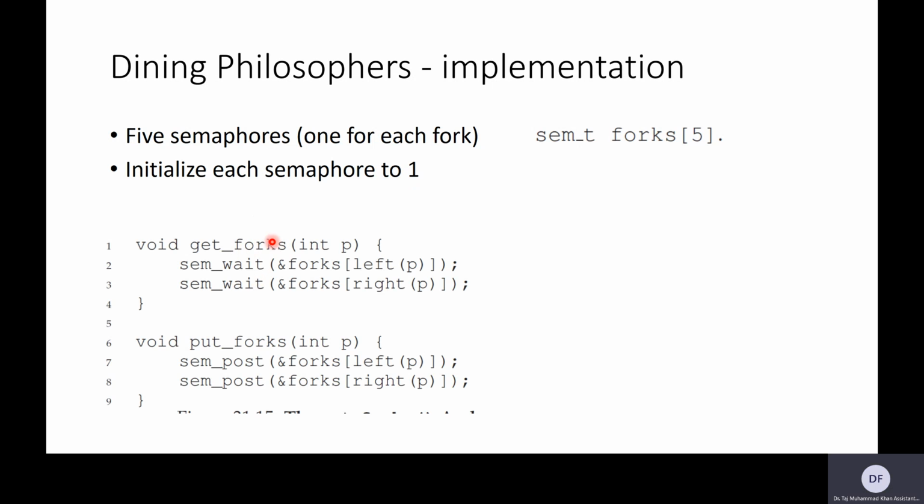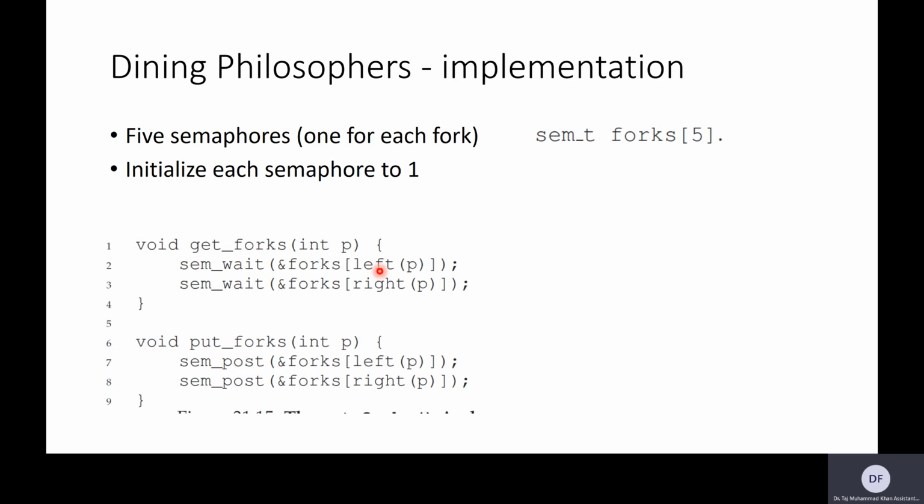So here is an implementation of get forks and put forks. To get forks, we have to get the left fork and the right fork. So we call sem wait on the semaphore associated with the left fork and sem wait on the semaphore associated with the right fork.